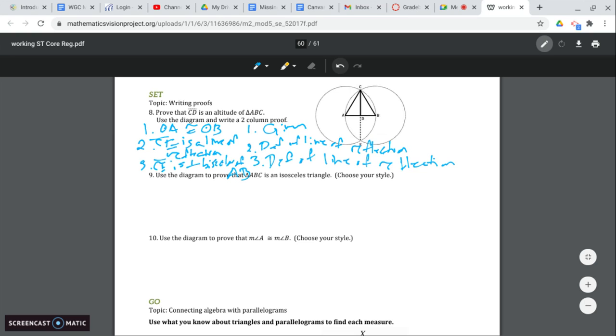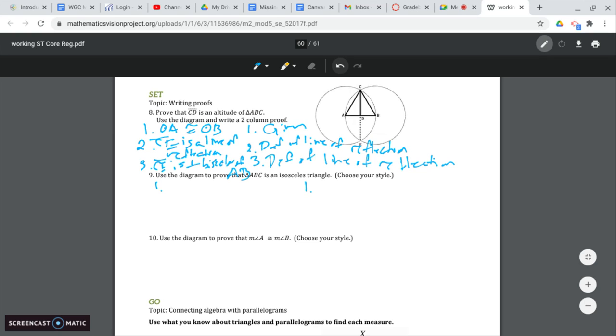So in 9, you're going to use a diagram to prove that it's an isosceles triangle. Remember, your first statement and reason is going to be circle A is congruent to circle B and given. It's a three-part proof, just like this last one was. Think about what we know about isosceles. What does that mean?